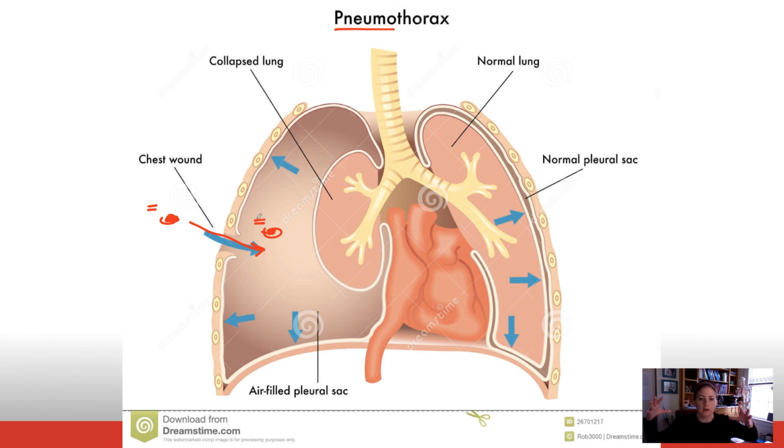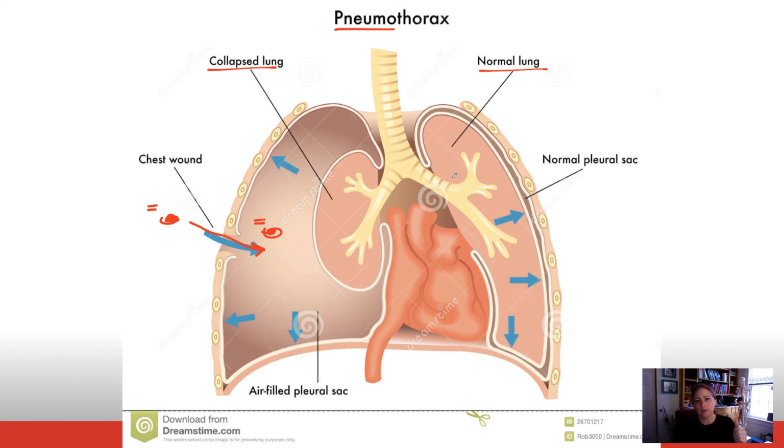And so that lung just collapses because lungs are spongy and they need something to suction them out, to hold them open. So you can actually have a collapsed lung on one side of your thoracic cavity and a completely normal lung going on the other side.